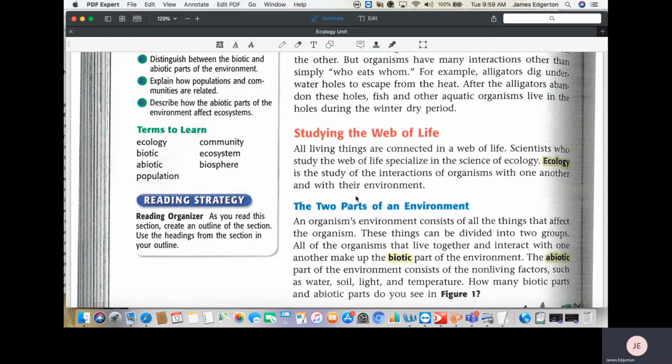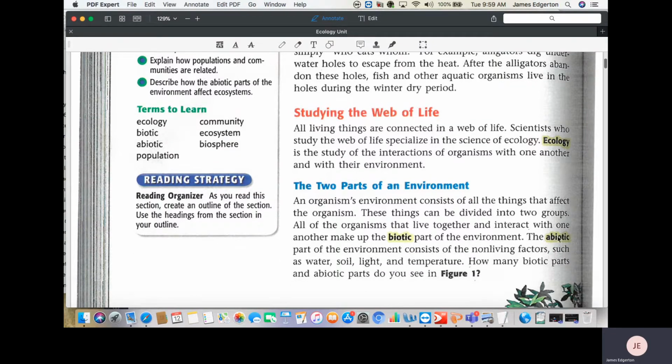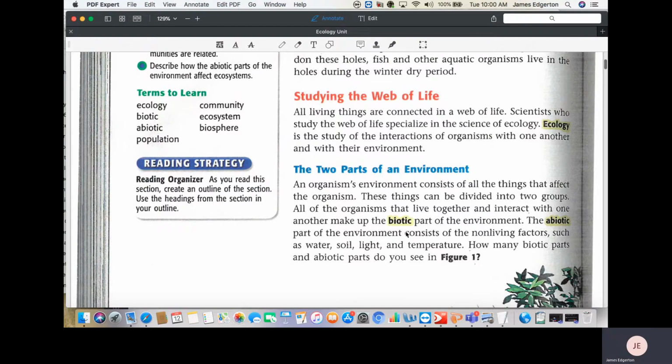In that, there are two main parts. You have the living part of Earth, which is biotic, and the non-living part of Earth, which is abiotic, like rocks. Abiotic is not alive; biotic is alive.